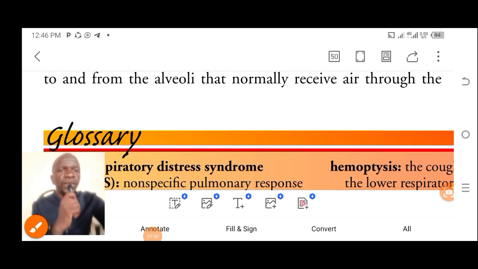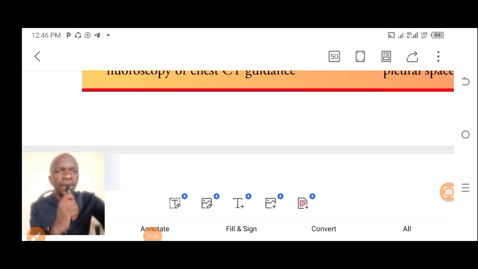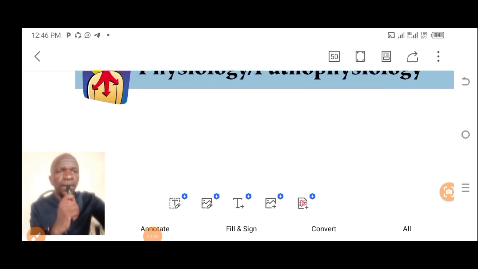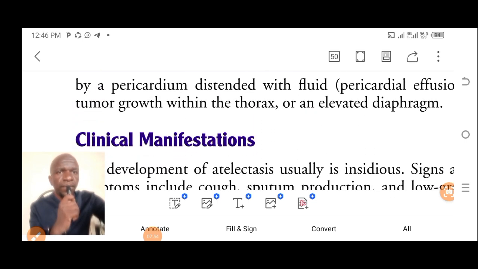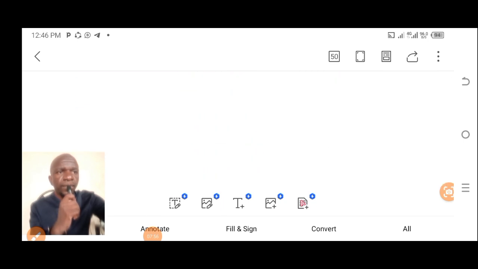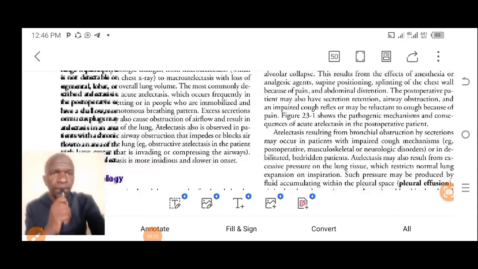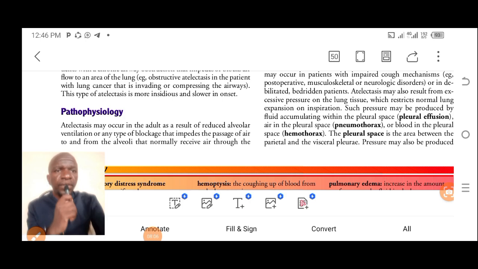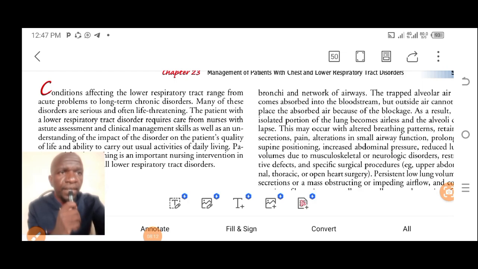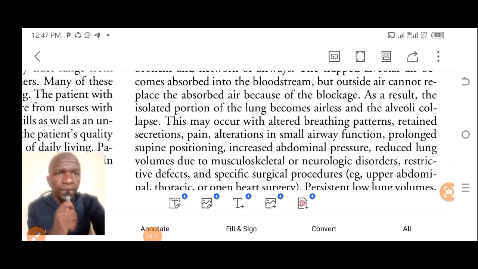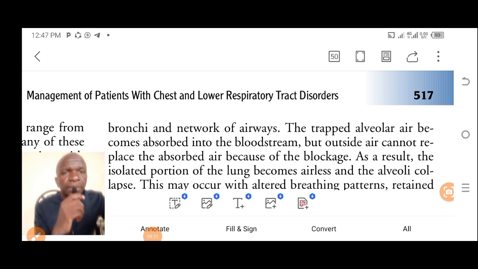This is what we have seen. So let's proceed.